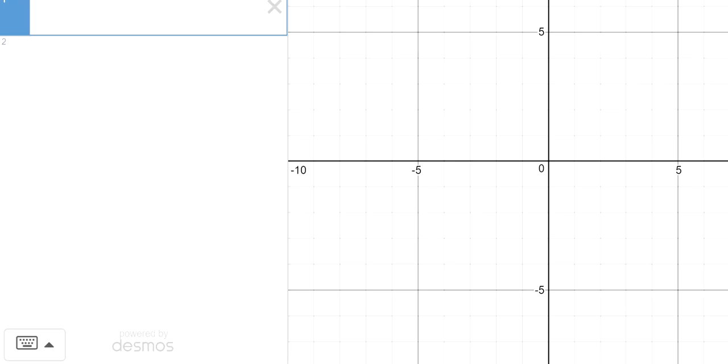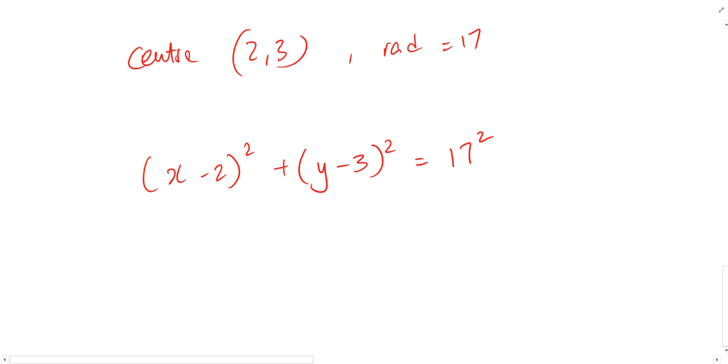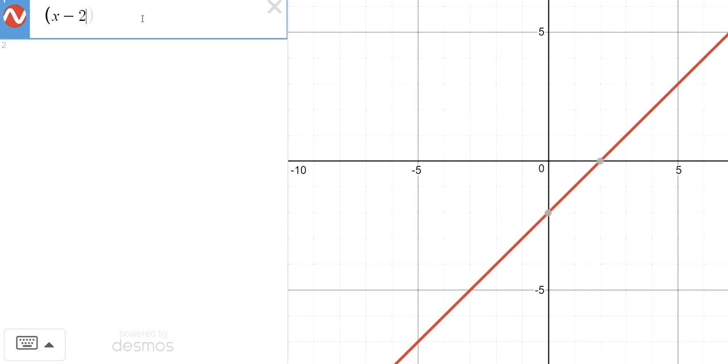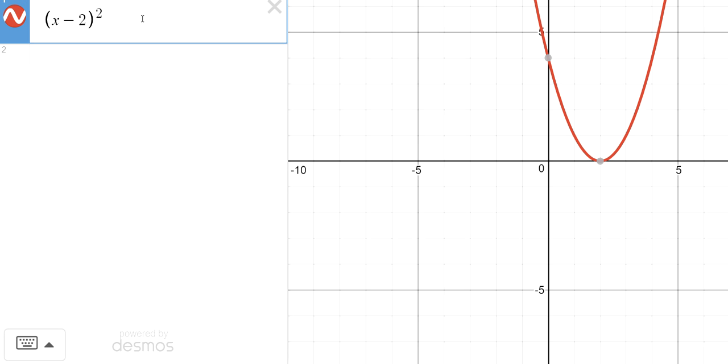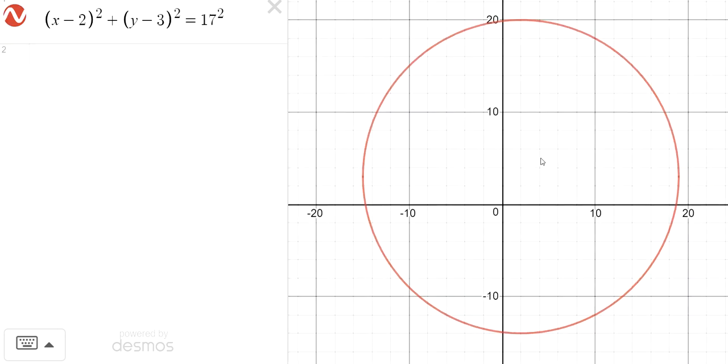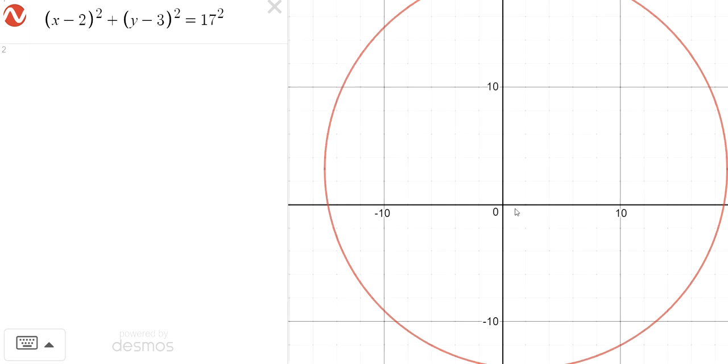Okay, so our equation was x minus 2 square plus y minus 3 square equals to 17 square. You get a circle, and the center will be 2, 3.